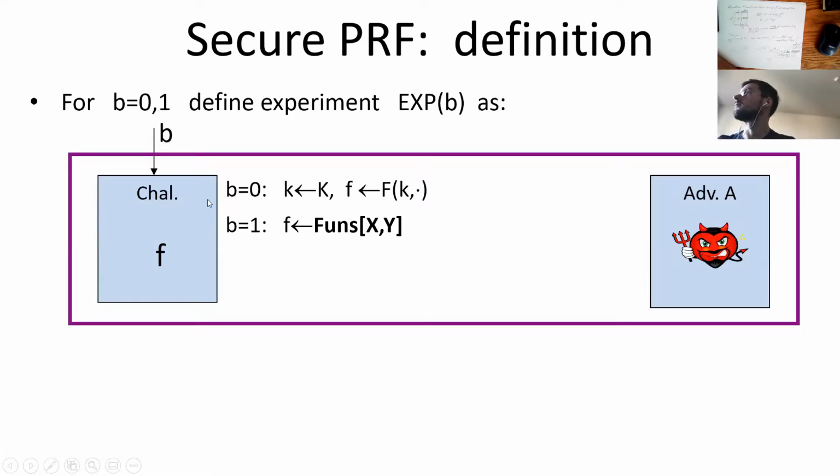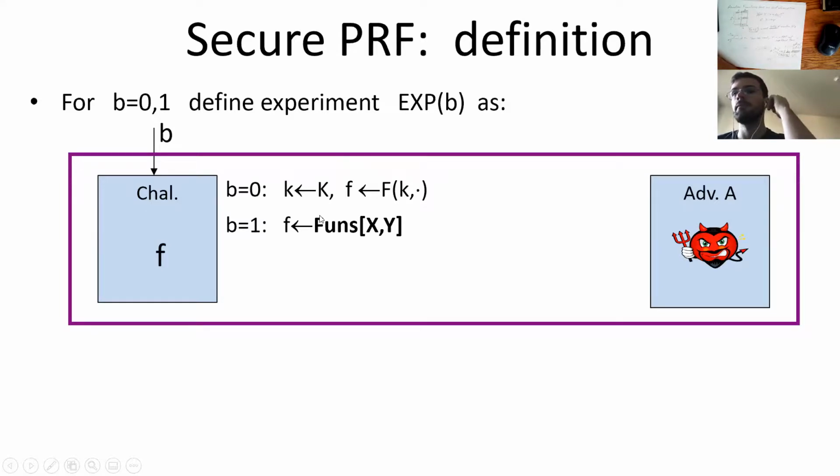If the challenger's secret bit is 0, then the challenger picks a random key and instantiates function f as a PRF with key k. If the bit is 1, then he instantiates little f as a random function.